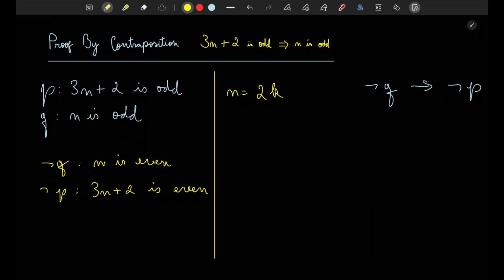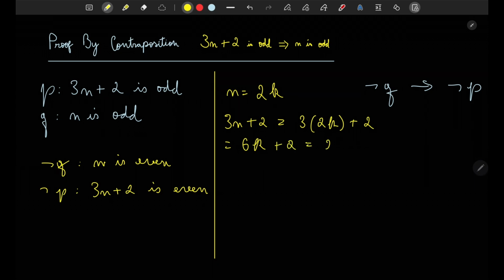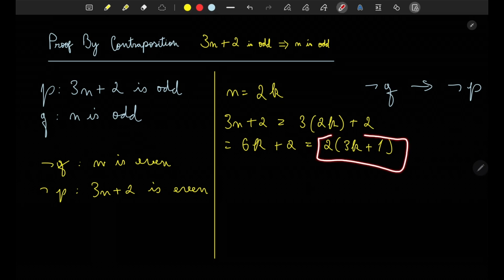And if n equals 2k, then 3n plus 2 equals 3 times 2k plus 2, which is 6k plus 2, which can be written as 2 times (3k plus 1). And since k is an integer, then 3k plus 1 must also be an integer.